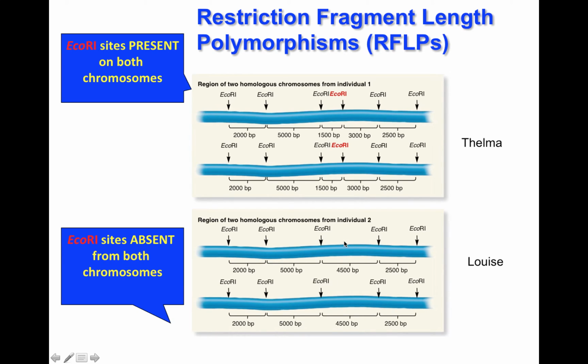Louise is missing this EcoRI site, so the fragment that's generated in this region of the chromosome is 4,500, which is the same as 1,500 plus 3,000. And she has the same pattern on both of her chromosomes in this region. This is missing the EcoRI site and missing the EcoRI site here. So both Thelma and Louise are homozygous for their particular patterns.